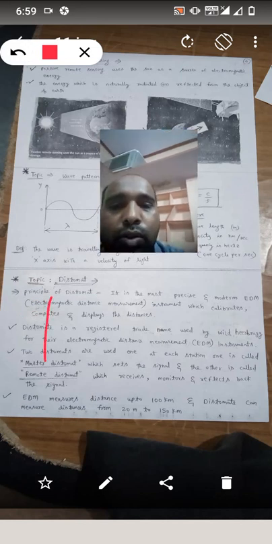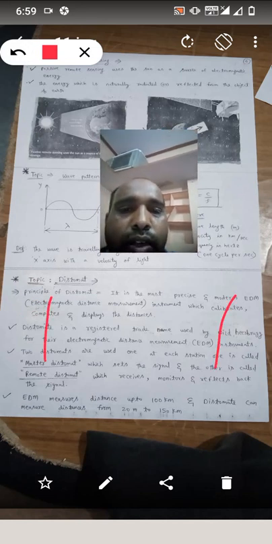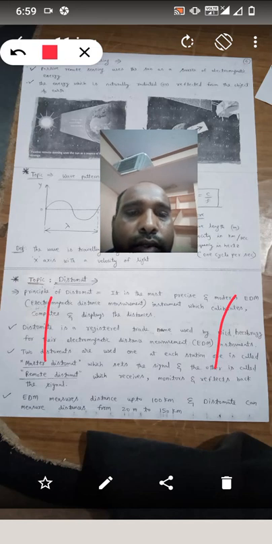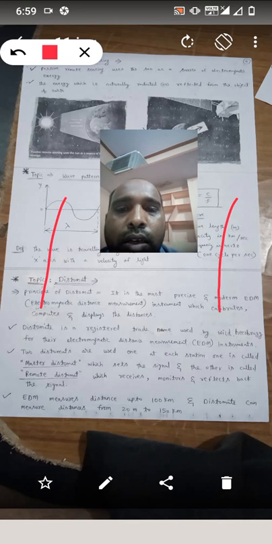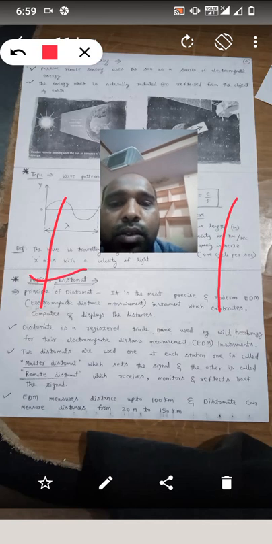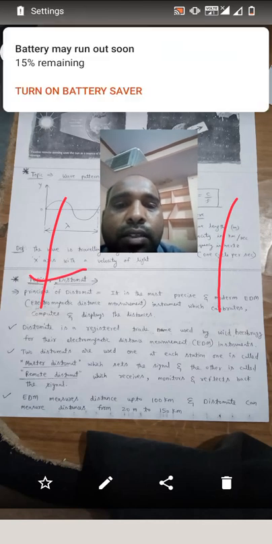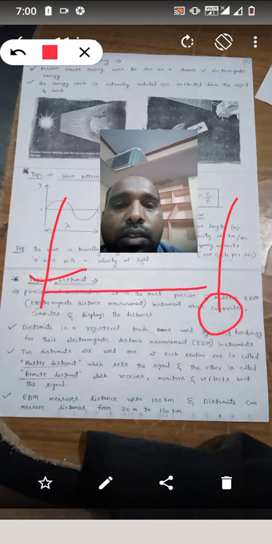So these are the two stations. The distomats are used one at each station. One is called the master distomat, which sends the signals, and the other is the remote distomat, which receives and reflects back the signals.